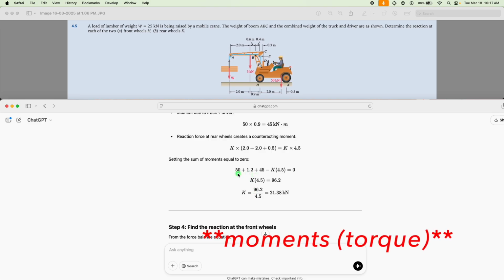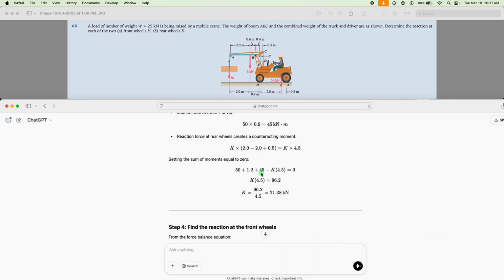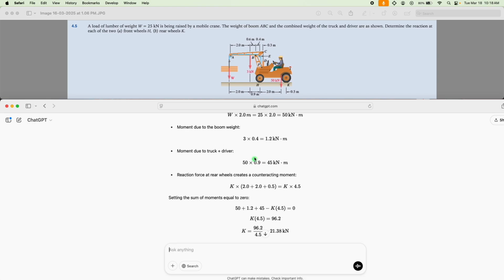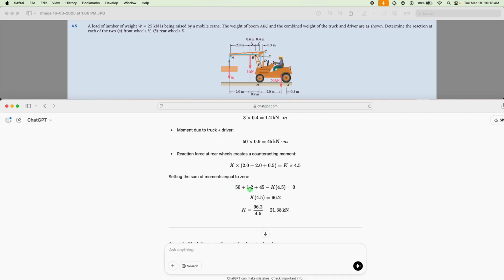Now, sum of forces. 50 plus 1.2 plus 45. All right, so it's got the numbers wrong. We all know that. But look, it took this 45 kilonewton meter torque, which is supposed to be negative. It's supposed to rotate it the other way, but it gave it the same sign as the torques from this 3 kilonewton and this weight W, meaning it thinks this weight is rotating it counterclockwise like the W force and the 3 kilonewton force.